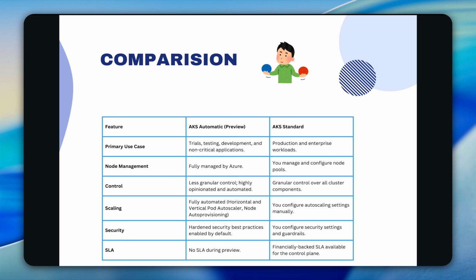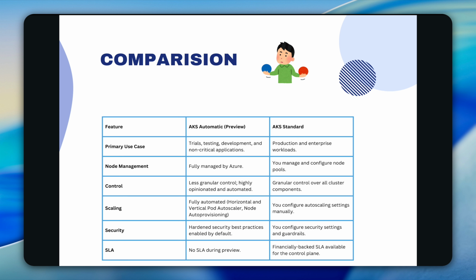When it comes to control, it's less granular control and highly opinionated and automated. That means most of the components in AKS automatic are automated, right? So installation of vertical pod autoscalers, and we have KEDA enabled by default. So all of these things are automated, right?